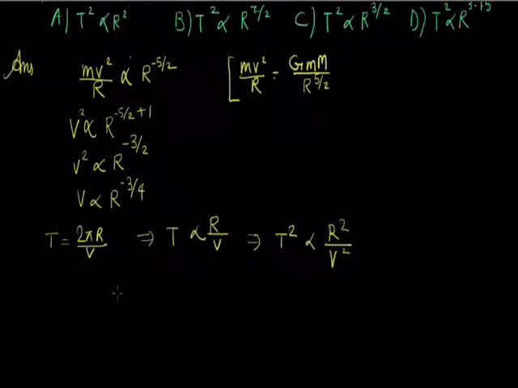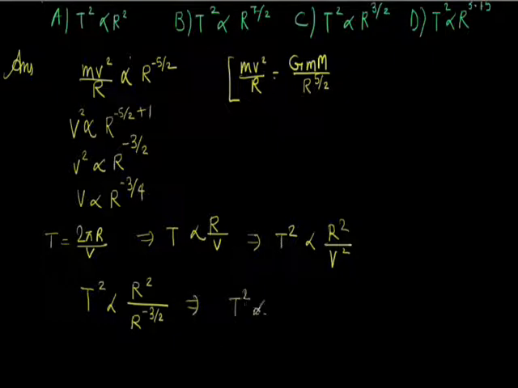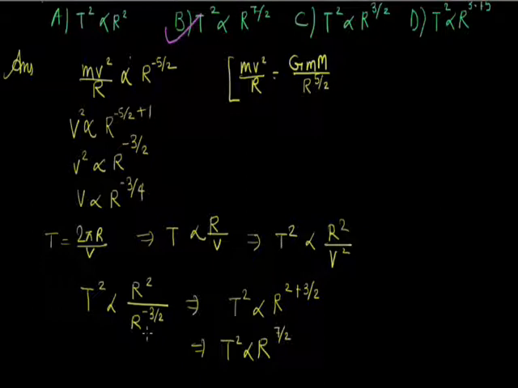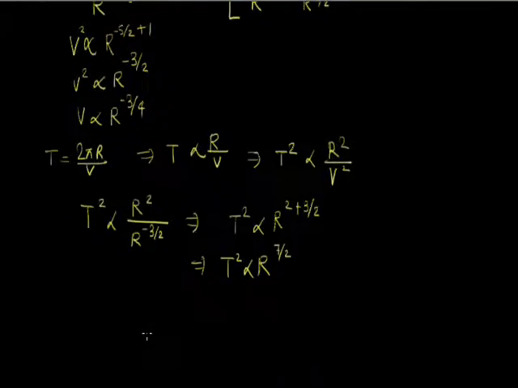As we know that v square is directly proportional to r raised to power minus 3 by 2, here we can write r raised to power minus 3 by 2. It means T square will be proportional to r raised to power 2 plus 3 by 2, which means T square is proportional to r raised to power 7 by 2. And here option B is right.